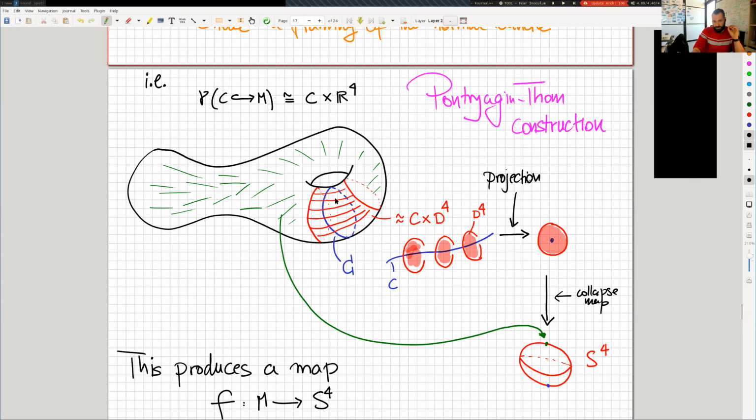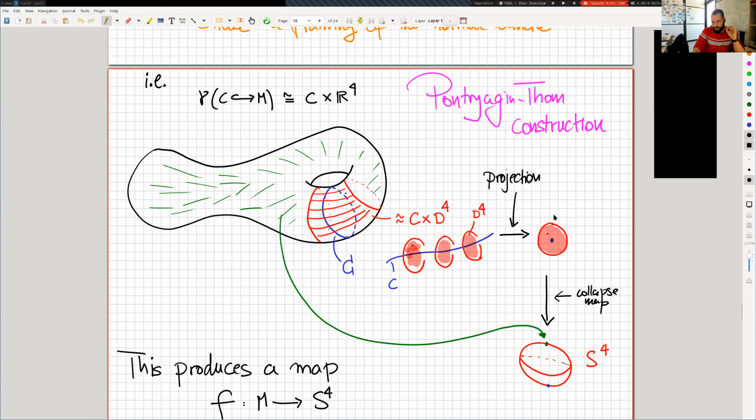So what I do with points in the red region: I assume I have a point in the red region here, which is not on the boundary, just a point in the interior. Then I map it through my identification of my neighborhood into my normal bundle. Then it lies somewhere here, in some of the disks along C. Then I just take a projection, then I have some point here. So if I start with a point here, I have it here, and then I end up here.